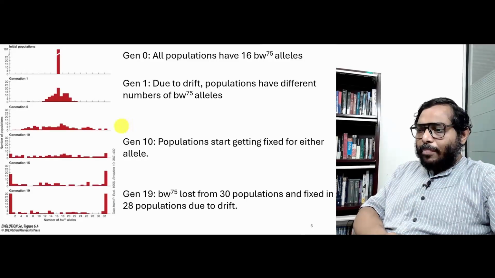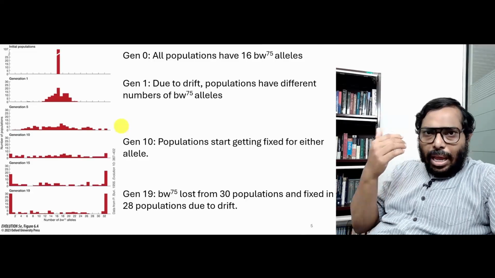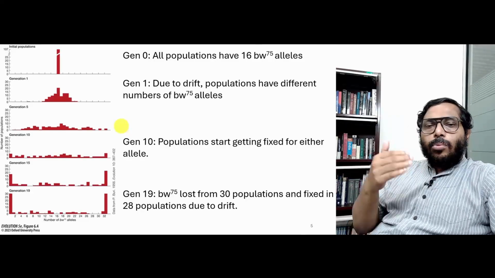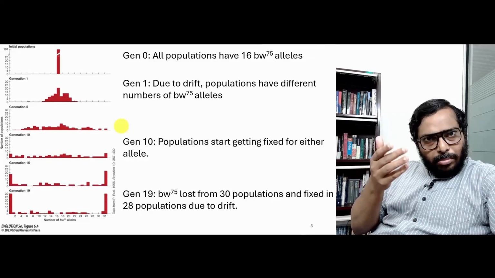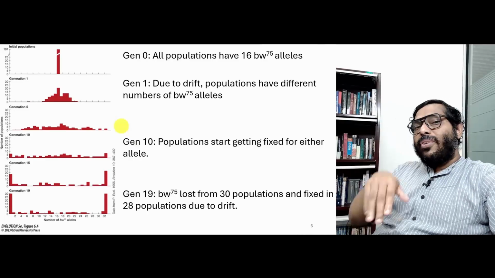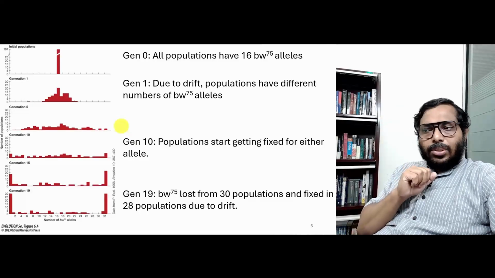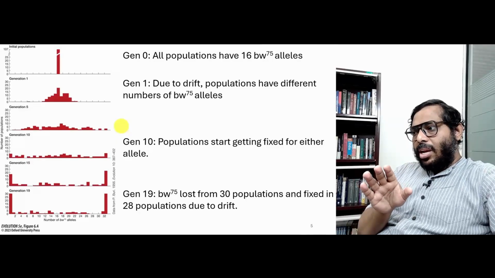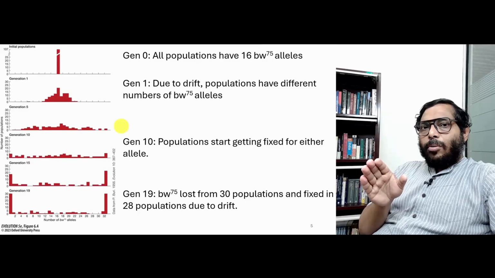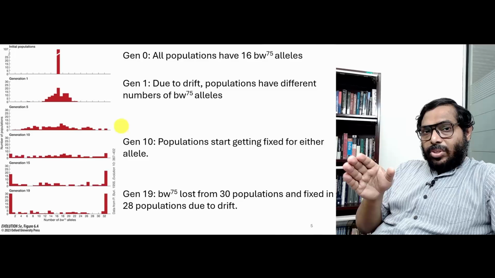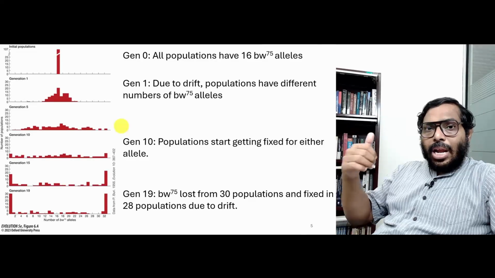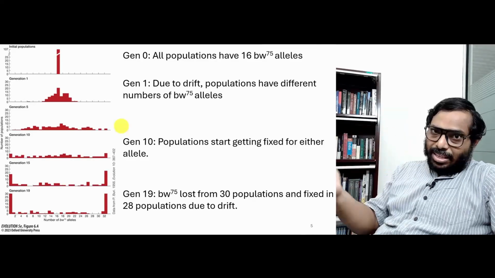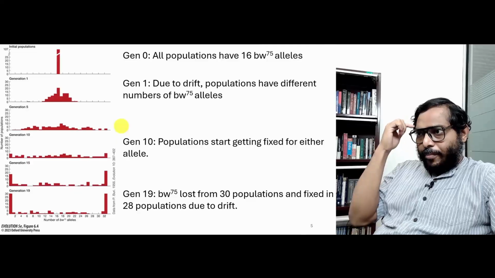Why is that happening? Because as time progresses, more and more populations are losing the BW75 allele or getting fixed for it. So, by generation 19, as you can see, 30 populations completely lost the BW75 allele, whereas 28 populations were completely fixed, which means that every individual had only the BW75 allele and nothing else. 28 were of that type.